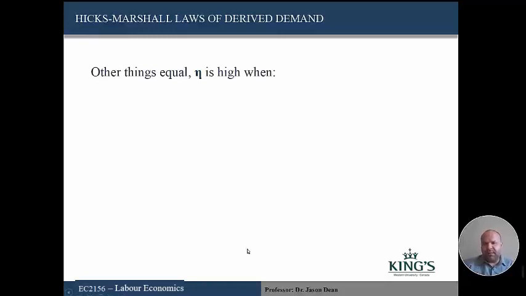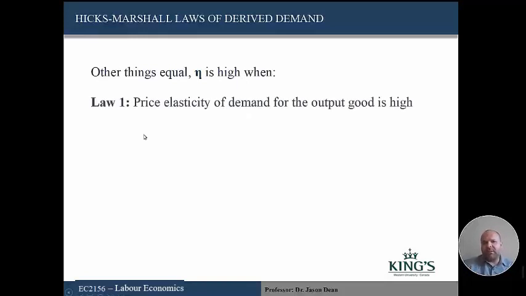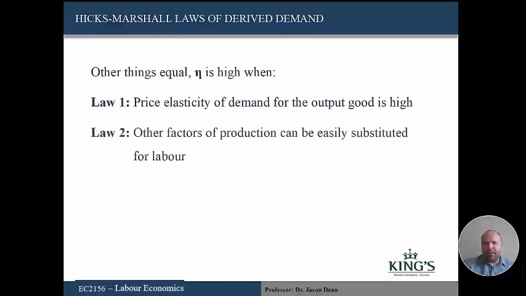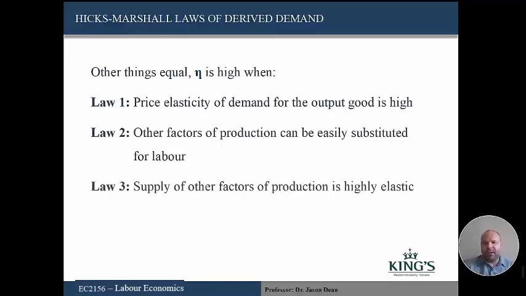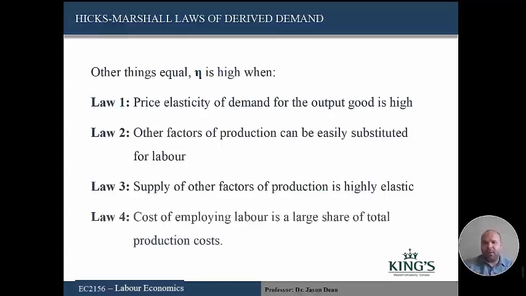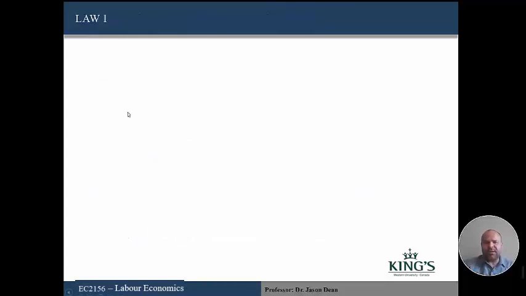Other things equal, our eta, which is our elasticity of labor demand, is going to be high, so the firms will be sensitive to changes in the wages, when one, the price elasticity of demand for the output good is high; two, other factors of production can be easily substituted for labor; three, the supply of other factors of production is highly elastic; and four, the cost of employing labor is a large share of total production costs. Okay, so let's look at these in more detail.